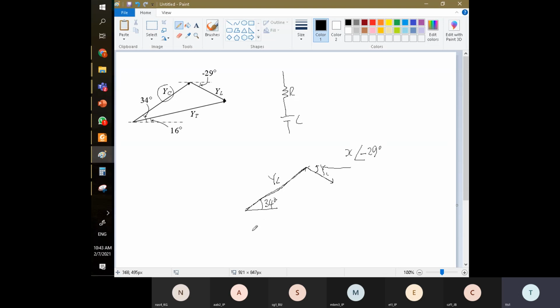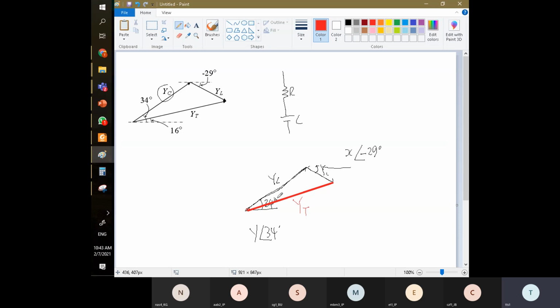This one is something at 34 degrees. So the resultant here is to join these two points together. To join these two points together is a resultant. We call this one YT, the total.